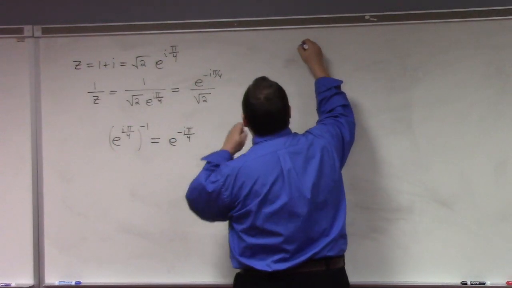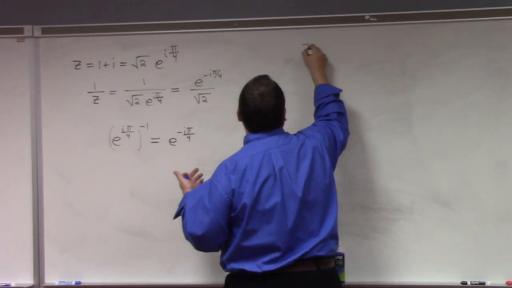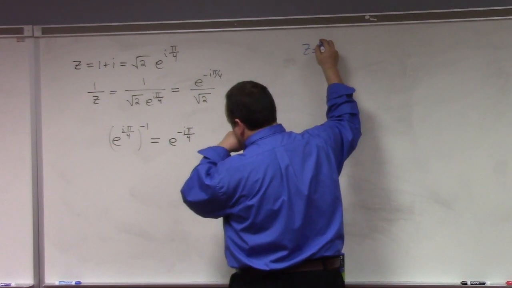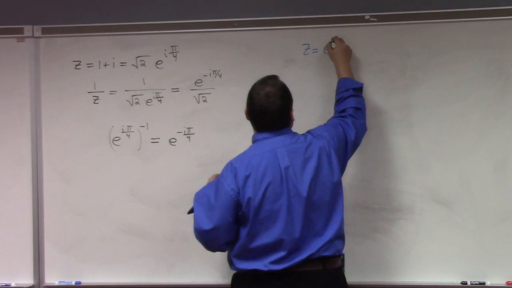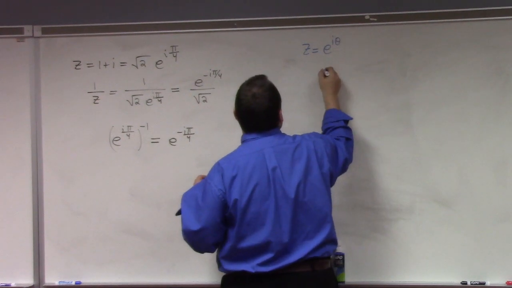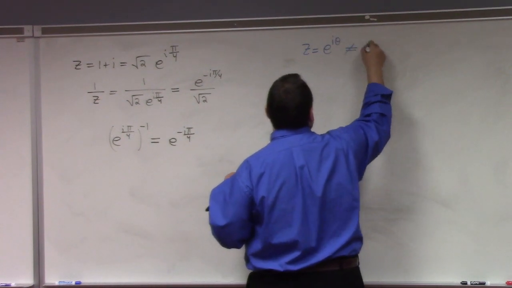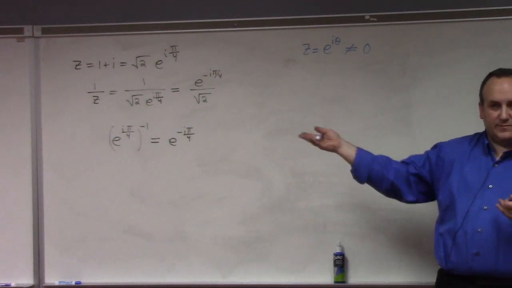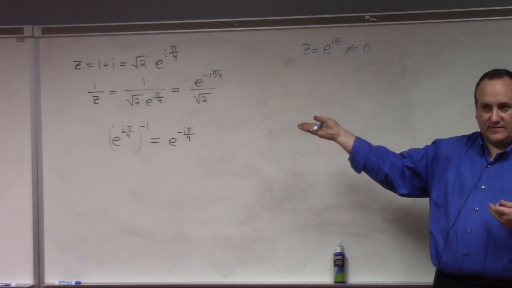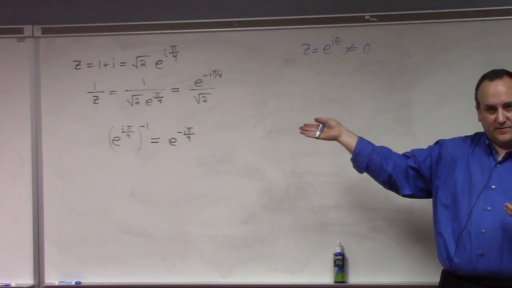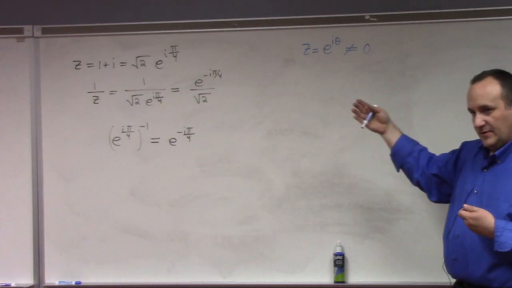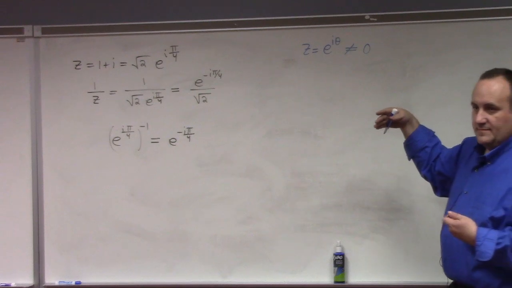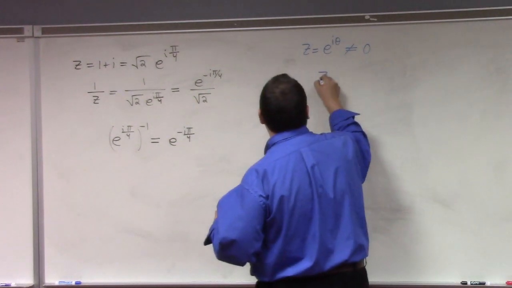Generally speaking, if we have z equal to, let's say, e to the i theta, then that's not equal to 0, point number 1. So we know its multiplicative inverse exists if you're willing to accept my slightly shady calculation. Then what's the inverse?